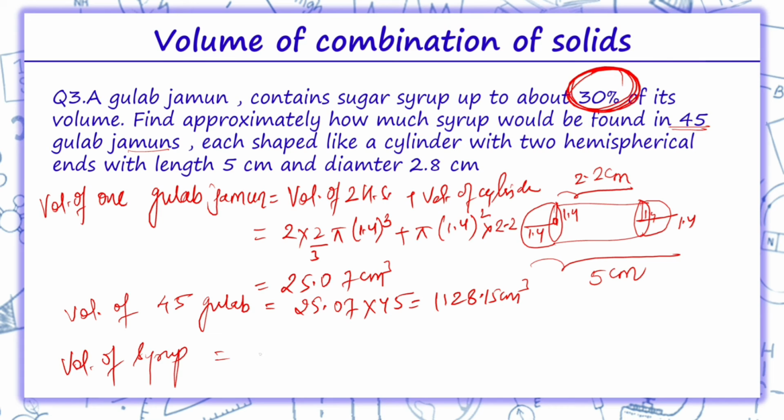So whatever volume we got, we'll calculate its 30%. So 30% of 1128.15 will come out to be 338.45 centimeter cube. Hence, there would be approximately 338 centimeter cube of syrup in 45 gulab jamuns.